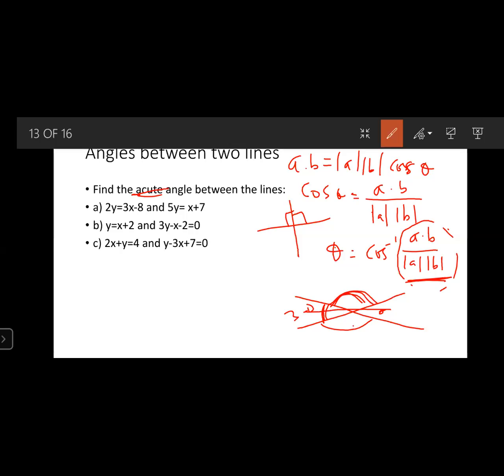If you get the acute to be 50 and you are looking for the obtuse, you just remove it from 180, and you get your 130. So acute or obtuse should not disturb you. Whichever one you are able to get directly, you can always remove it from 180 degrees to get the other one. So that is it.